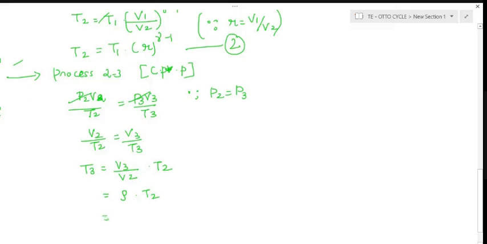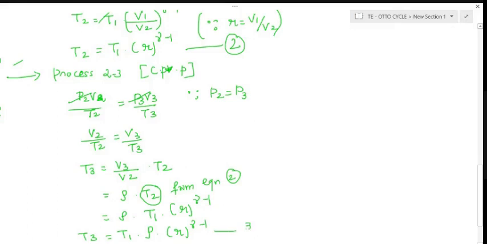Now from equation 2, instead of T2 we substitute T1 into r power gamma minus 1. So the final term is T3 equal to T1 into rho into r power gamma minus 1. This is equation number 3.